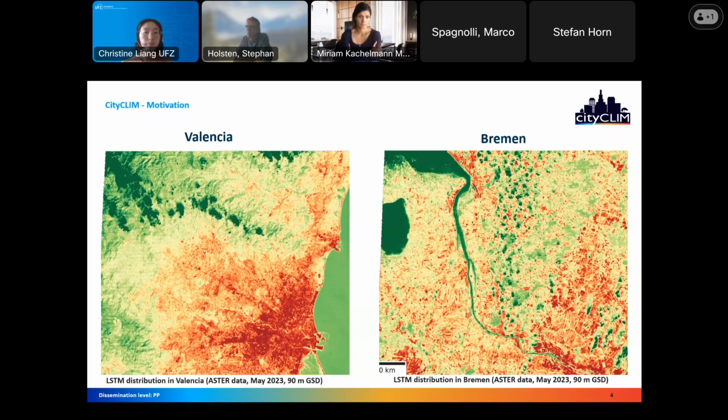On the left is Valencia, in the southeast of Spain in May, and on the right the city of Bremen in the north of Germany. You can already imagine that Valencia, as a Mediterranean city, suffers much more under high temperatures than we have here in Bremen, as an example.